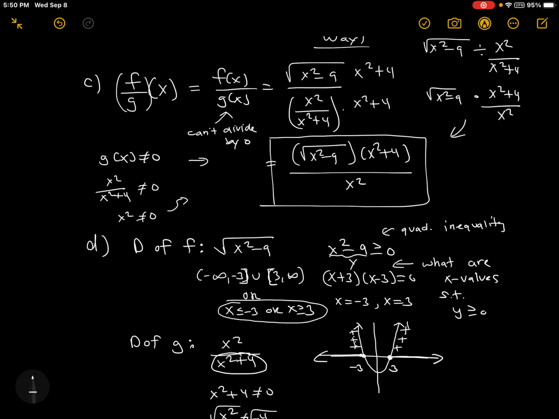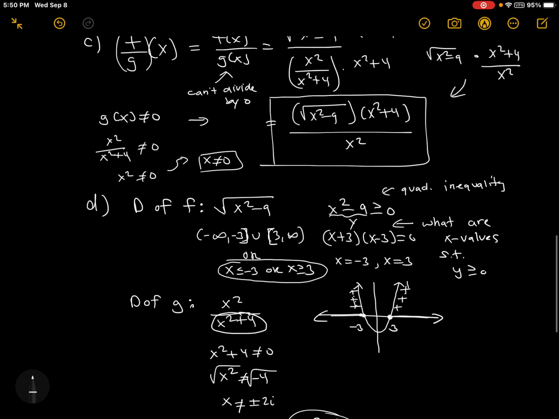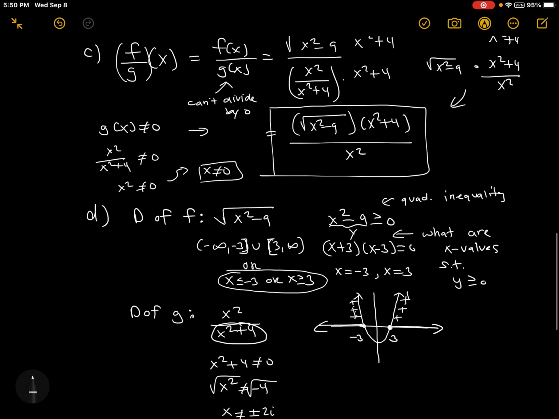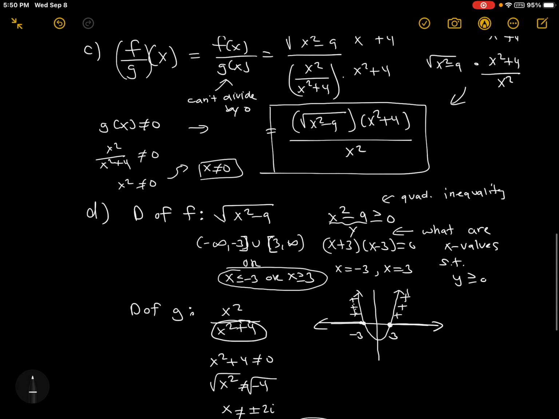Okay, so let's put all this together. The overlap of the domain of f, of my original function, is minus infinity to negative 3, union 3 to infinity. So this is the domain of f.